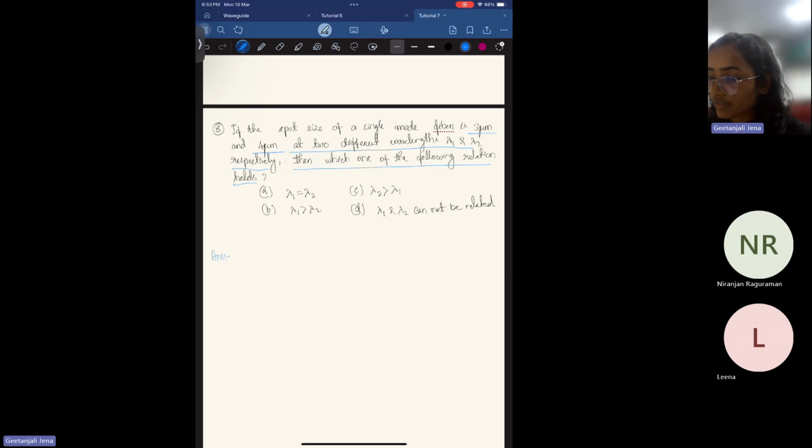We have the same fiber which has different spot sizes at different wavelengths. W1 is 3 micrometer for lambda 1 and W2 is 4 micrometer for lambda 2. Can you tell me which relation will hold for this case?